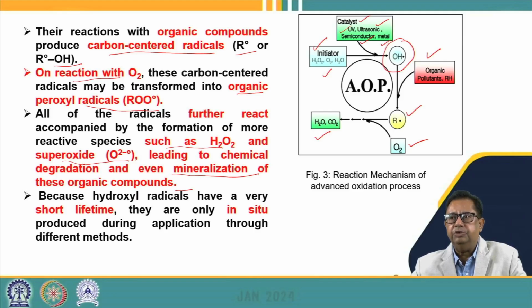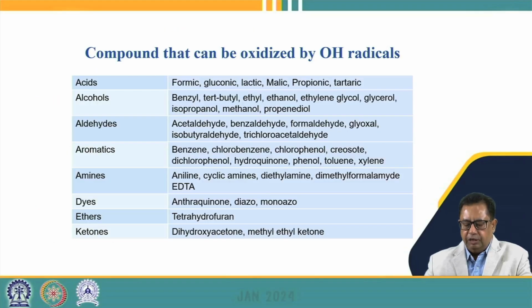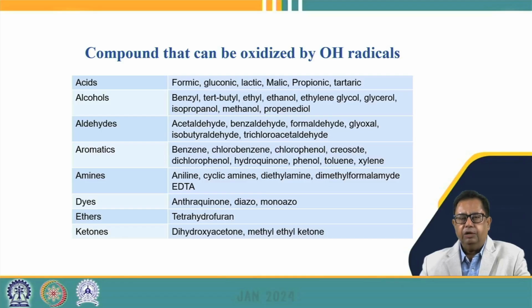We cannot produce them somewhere and transfer them to another place. So when treating water or wastewater by an advanced oxidation process, in situ generation of the hydroxyl radical is necessary so that they can oxidize the targeted compounds. A number of compounds can be oxidized by OH radicals.